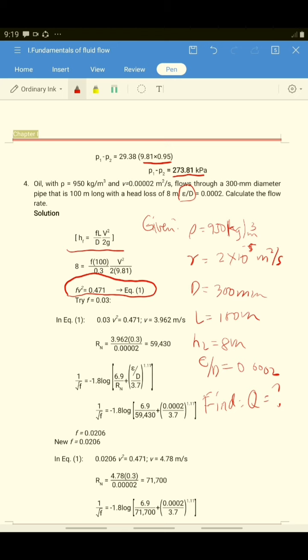In getting the Q, since Q is not given, it is difficult to determine. That's why we need to do trial and error.